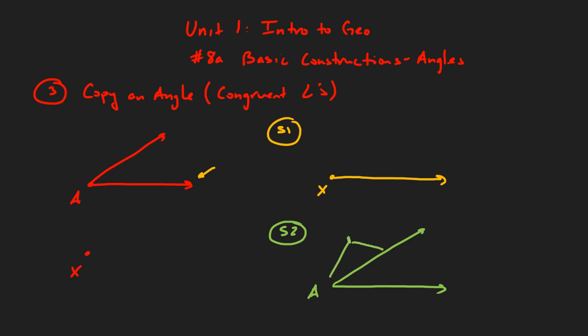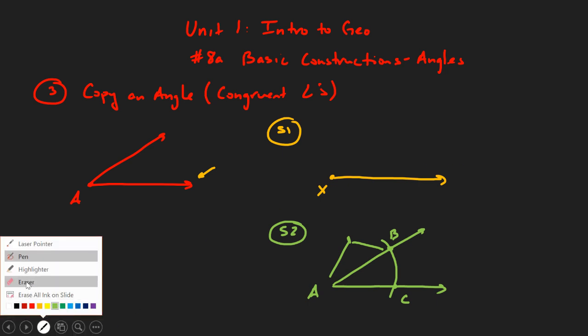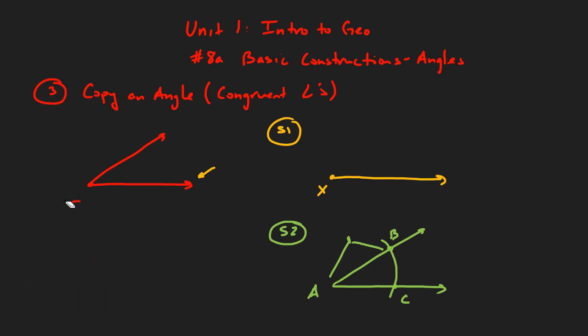That's my compass, right? And I'm going to draw an arc across both sides of angle A, creating 2 points, point B and point C. Okay, so now I have this arc across the sides of angle A, and I have this ray on X. All right, let me come over here and erase this left-hand side that you already have written down, and we'll continue on.